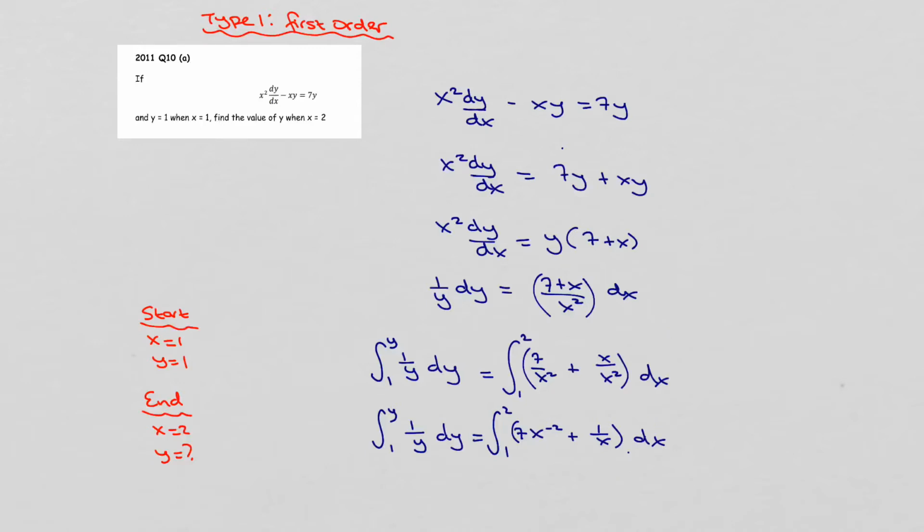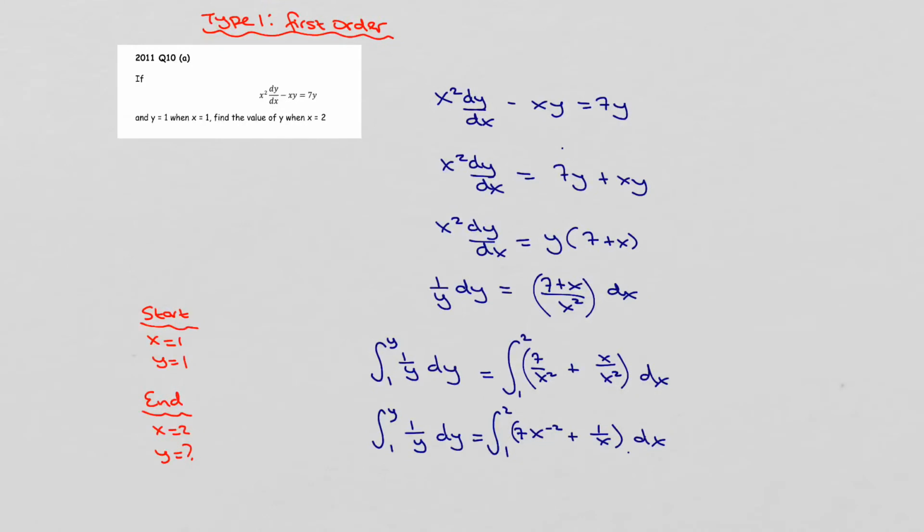Okay, so let's go on to the next page then and integrate that. So if I integrate, well, I have 1 over y integrated is natural log of y. And again, if you can't remember that, you should be spotting your functions, which is page 26 on your maths tables. So you'll see on your maths tables there, 1 over x, when you integrate, is natural log of x, okay? And then that's within the limits of y and 1.